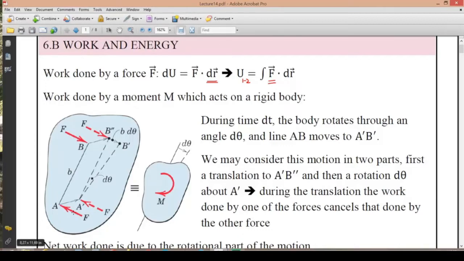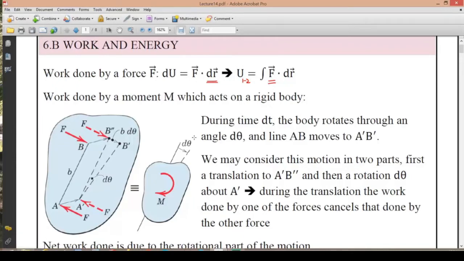This force couple acts in opposite directions, and as a result, they will generate a moment and then make this rigid body rotate. And it might also be in motion. As a result, it will move from AB to A prime B prime, and then will rotate as a result of this moment because of these force couples.